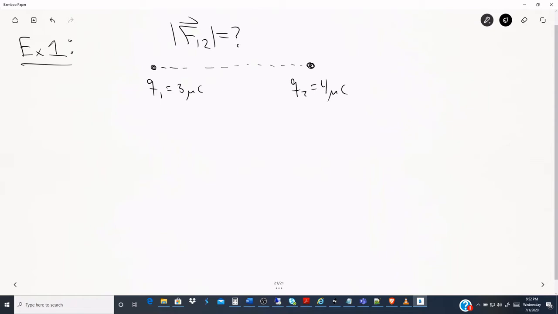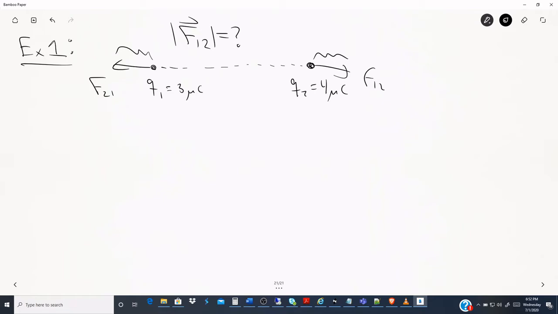Okay, so that's basically what the question is. And by the way, it's worth pointing out, how do you think the size of this vector compares to the size of that one? So this is the force that 2 exerts on 1, and this is the force that 1 exerts on 2. How do those compare in magnitude? Do you guys know? They're equal, right?